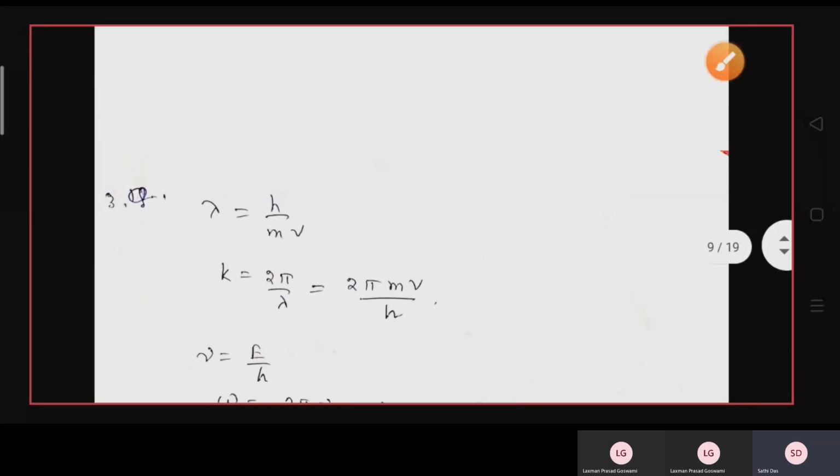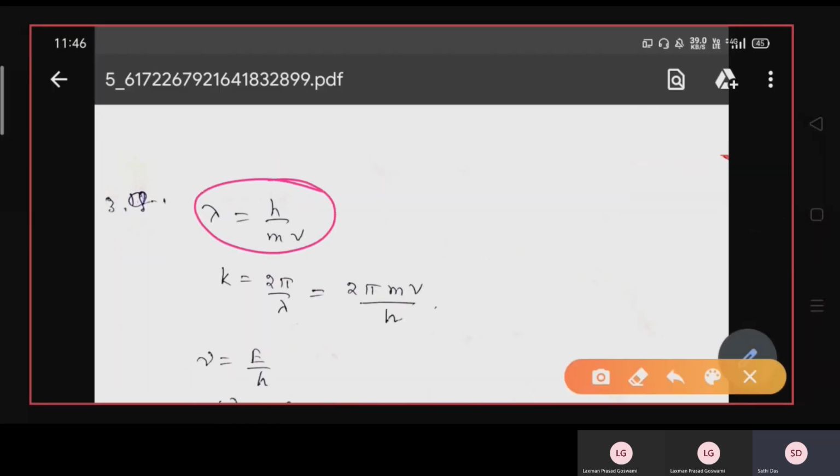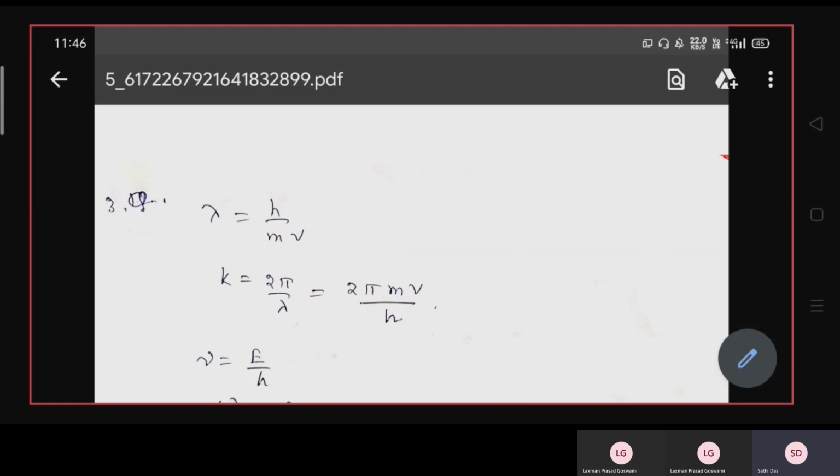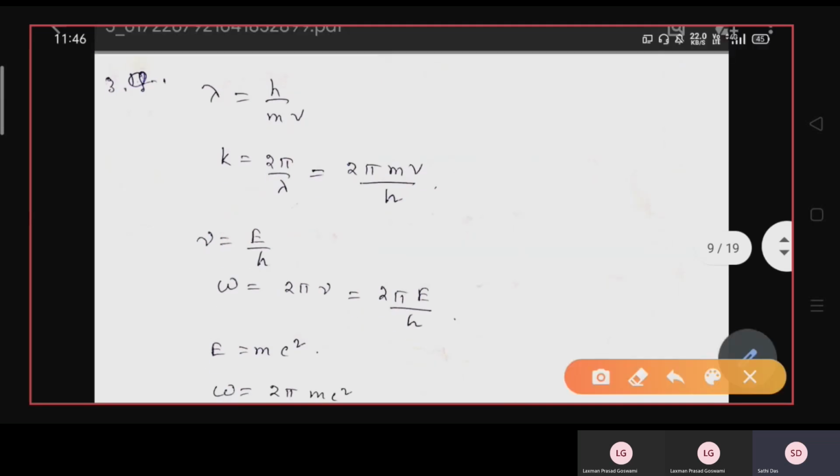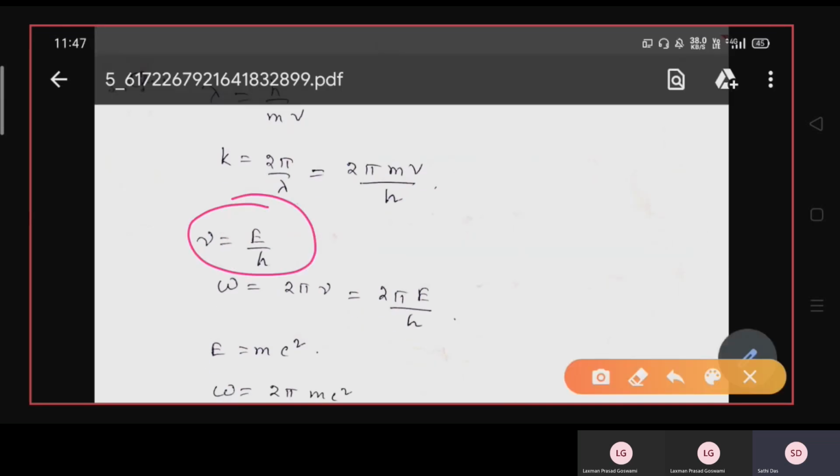So what will you apply? First you apply the de Broglie wavelength, that is lambda equals h by mv. To find out k, we can write k equals 2 pi by lambda. You put the value of lambda here, so you get 2 pi mv divided by h. Now nu equals E by h, because E equals h nu.